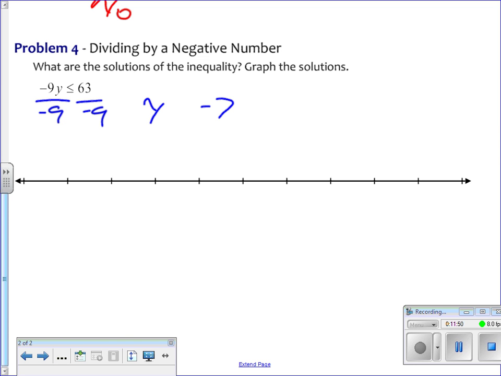Yes or no? Yes, I do, because I divided both sides by a negative 9, so I do flip my inequality. And I have negative 7. And do I have open or closed? Closed, and I want everything bigger than negative 7. And I do believe that's it. Is that it? Awesome.